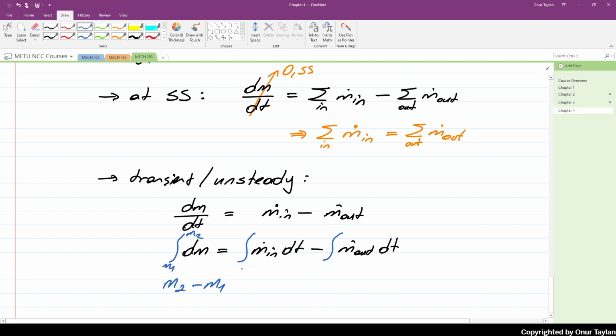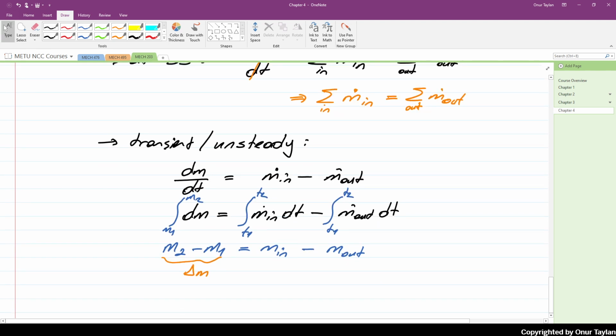This is from time 1 to time 2, if you wish. So the left-hand side becomes nothing but delta m. Once you integrate, the first term on the right-hand side is the total m in, and this becomes the total m out between times t1 and t2.